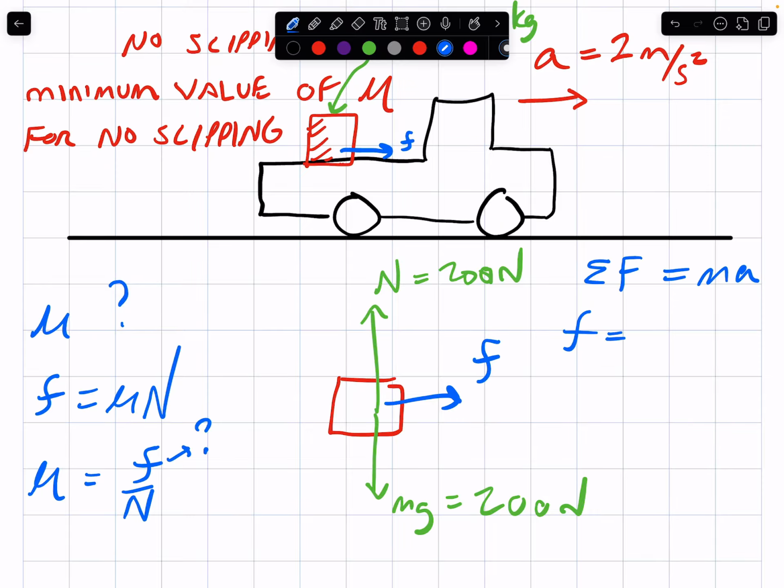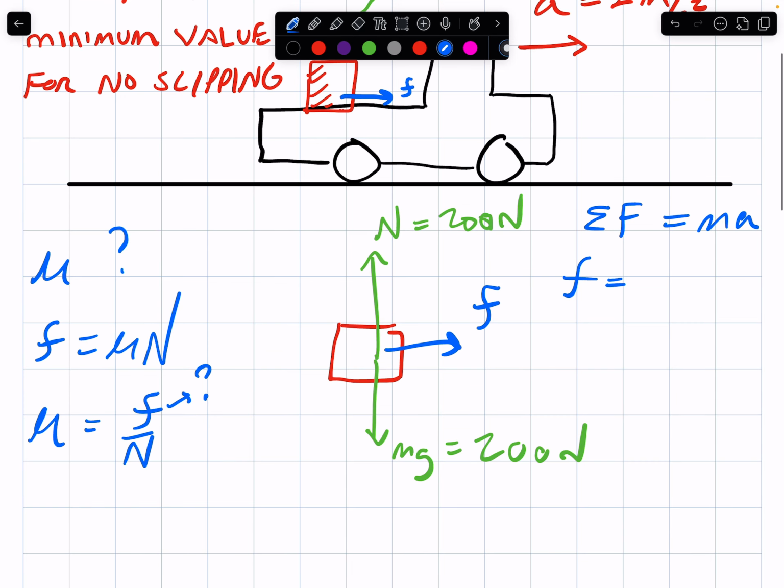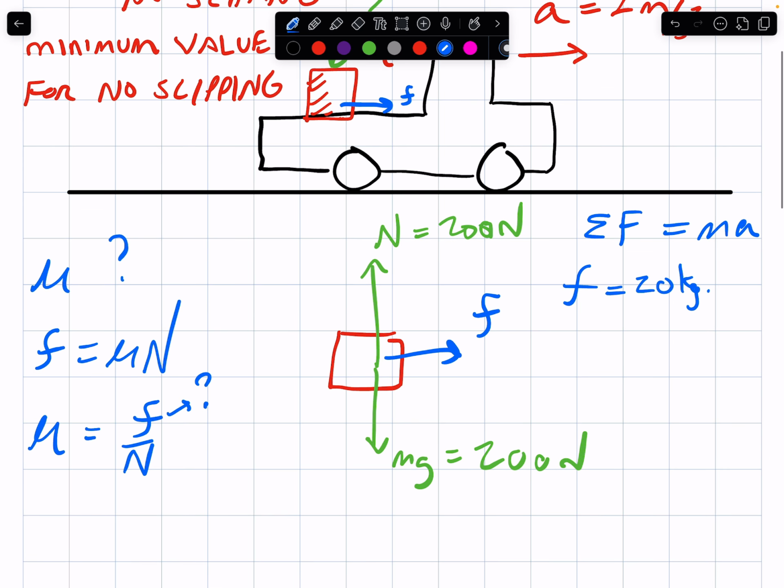So it's equal to the mass of the box, 20 kilograms, times the acceleration of the box, 2 meters per second squared. So that friction force is 20 times 2 is 40, and a kilogram times a meter per second squared is a Newton. So the friction force is 40 newtons.